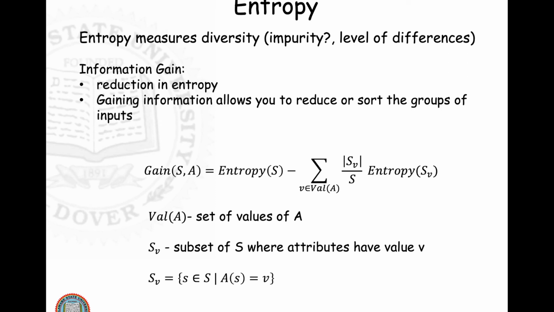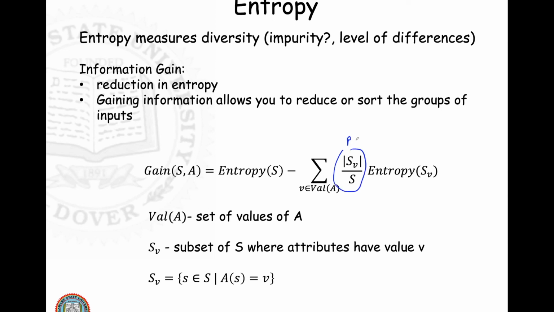And so let's take a look at our expression for information gain. So information gain for set S and attribute A is the entropy for the original set minus this sum for each one of the values of that attribute A. You're going to take the probability, so the proportion between the size of the subset that has a particular value v for that attribute, divided by the size of the original set. So this is going to be a probability.